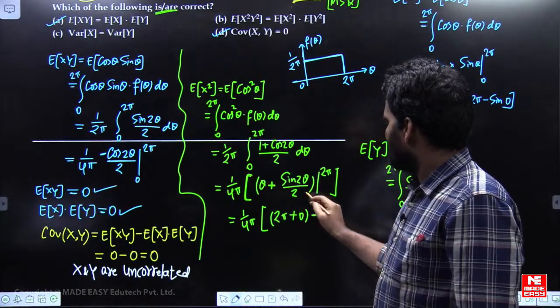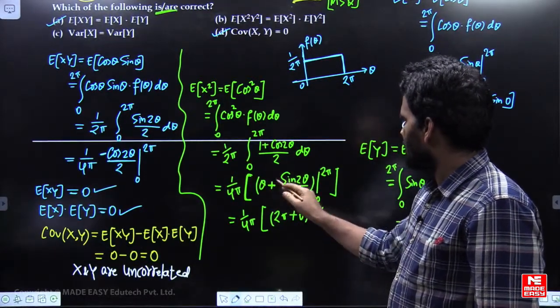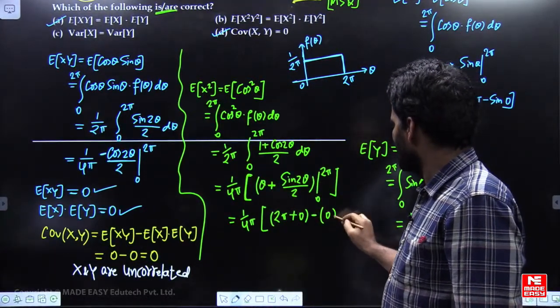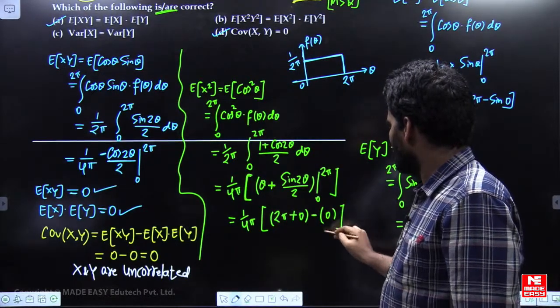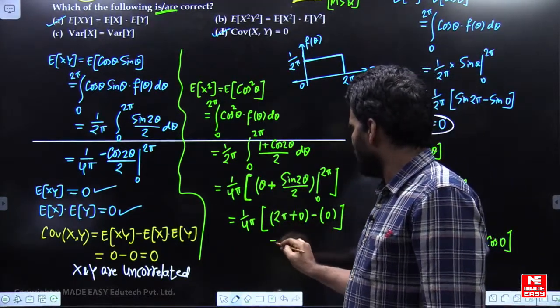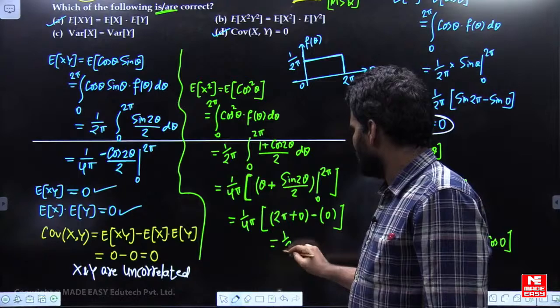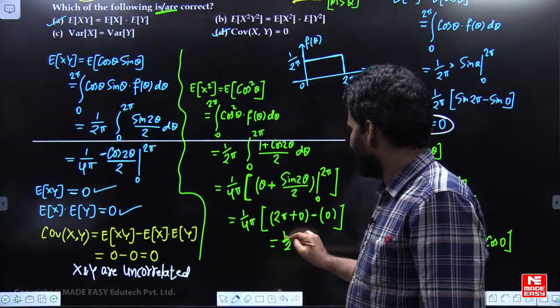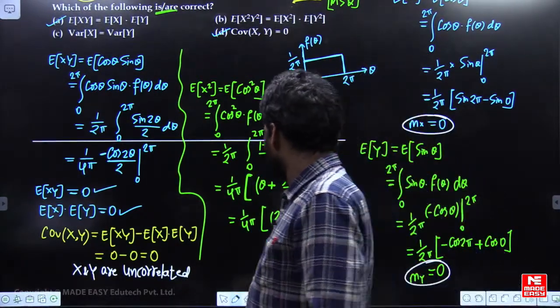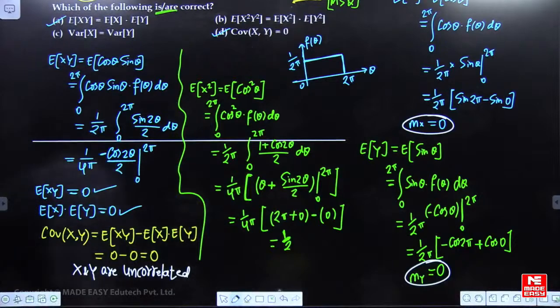If you substitute the lower limit 0, altogether it is 0 only. So it is simply 2 pi upon 4 pi, which is 1 by 2. Expectation of x square is 1 by 2.